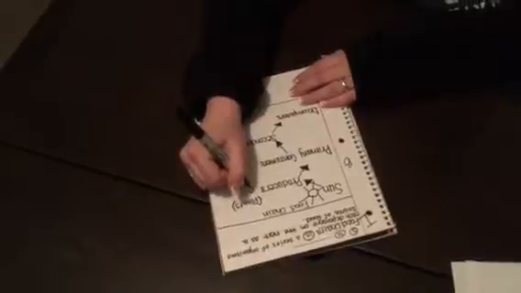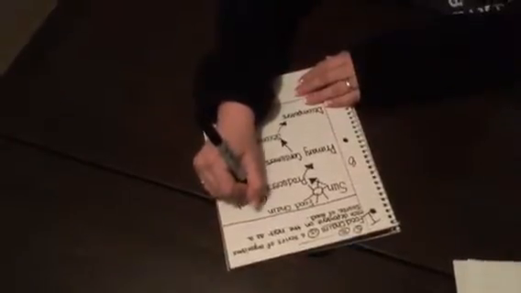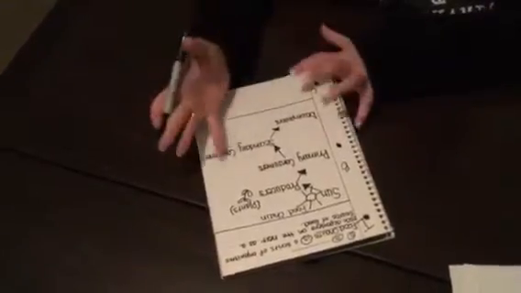So we'll draw a little plant here. You don't have to be an artist or anything, just something to help you visualize that's a plant, just like we drew the sun for the sun.